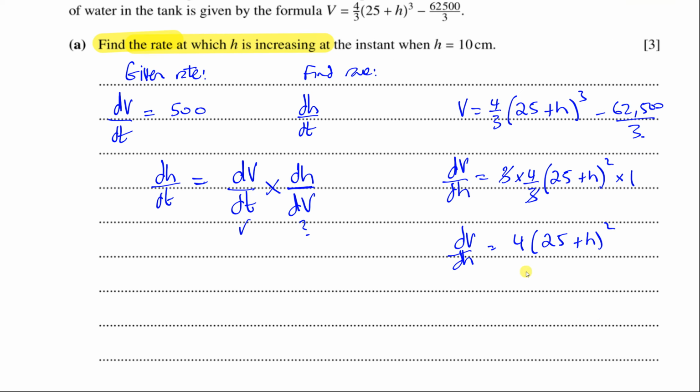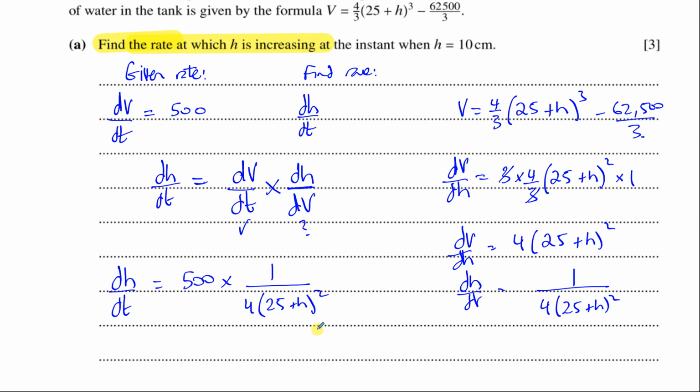Now what we need is dH/dV. The dH/dV is basically the reciprocal of this. So if you want to find dH/dt, you've got dV/dt, which is 500, times 1 over 4 times (25 plus h squared).